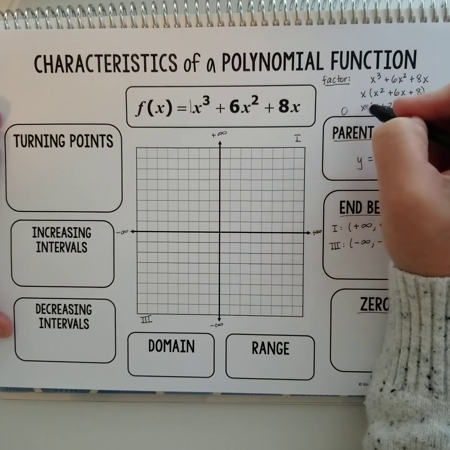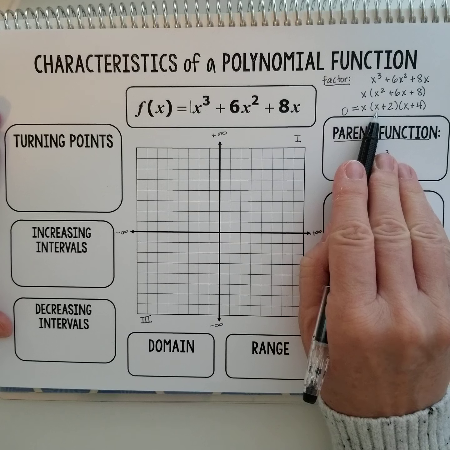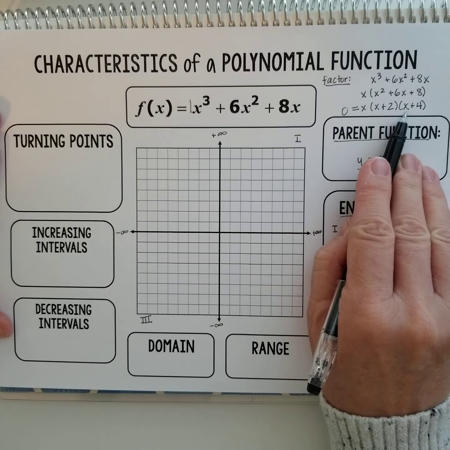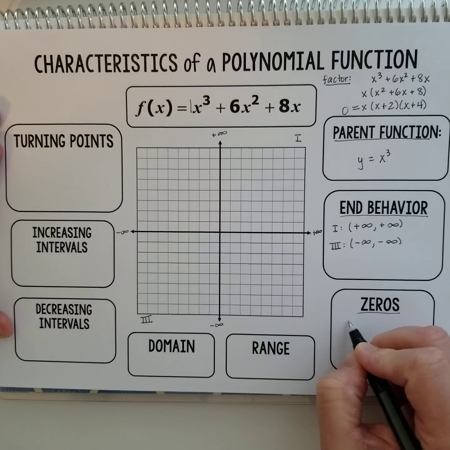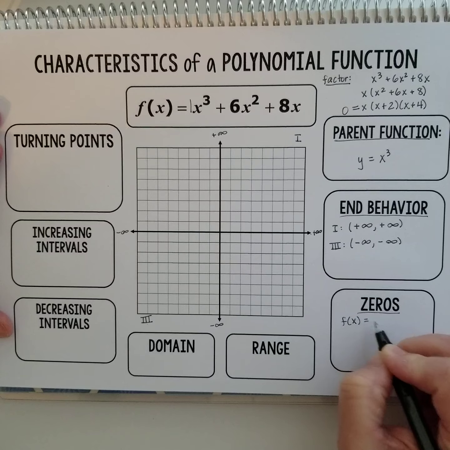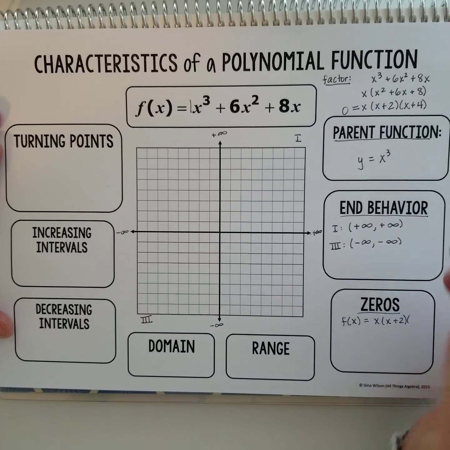So this is going to equal 0 if x equals 0, or if x equals negative 2, or if x equals negative 4. So for our zeros, I'm just going to write the factored form of the function in here, so that later you remember why we did this.